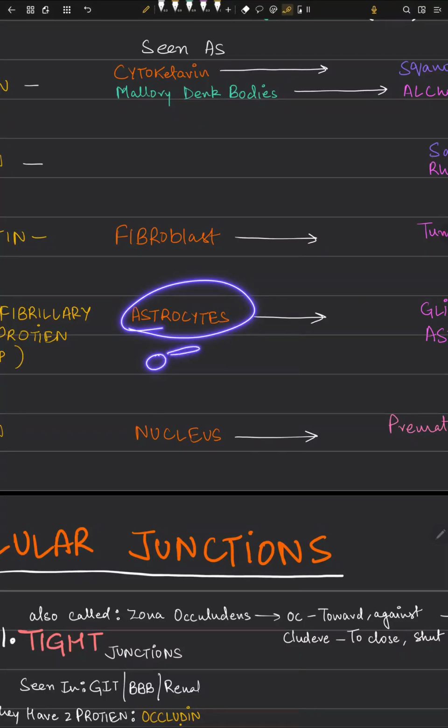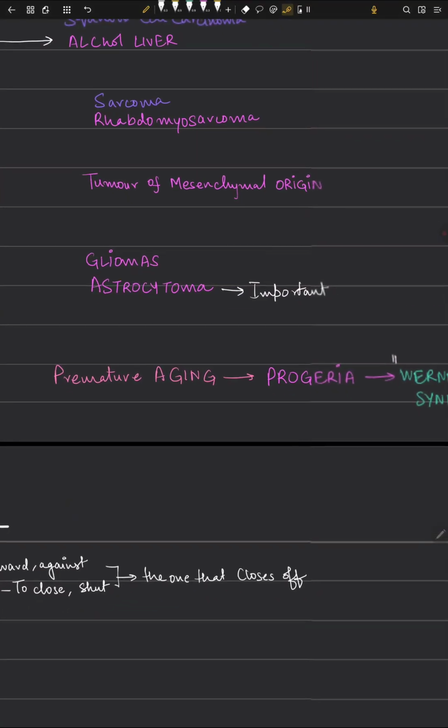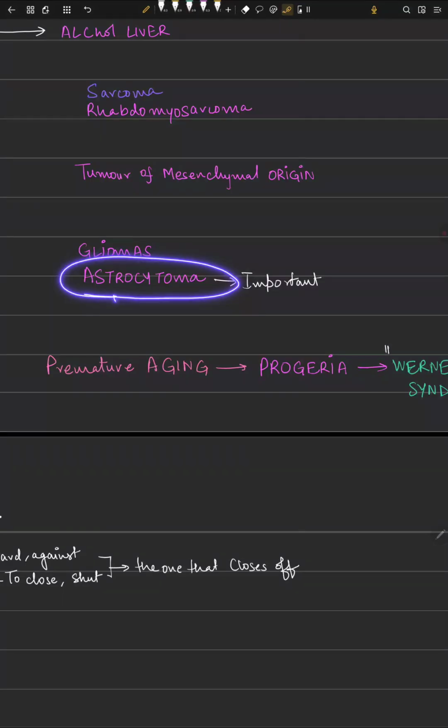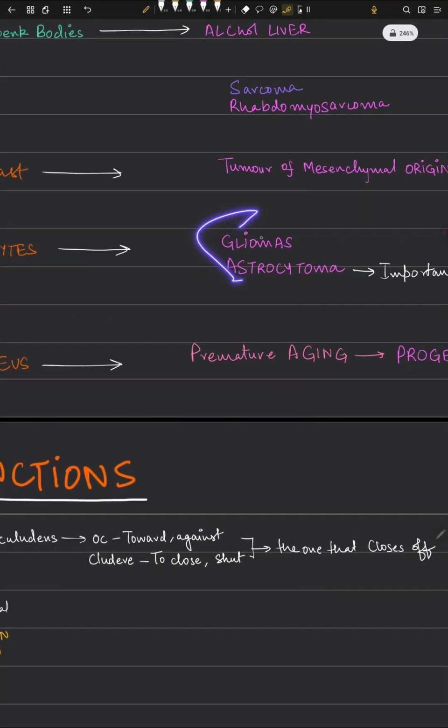Astrocytes, something with astrocytes, like star, and where are they present? I think they are present at the blood-brain barrier. Cool. They are present in glioma, cancer of the brain. Astrocytoma, again, cancer of the brain. Important because it's very popular.